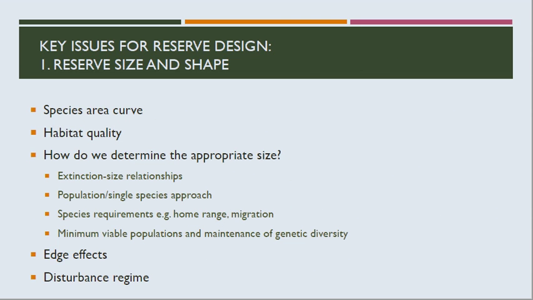Okay, and some of those issues are reserve size and shape. First of all, we need to know whether our reserve is large enough, and we can do that by looking at a species area curve to see how many species occur per unit area.